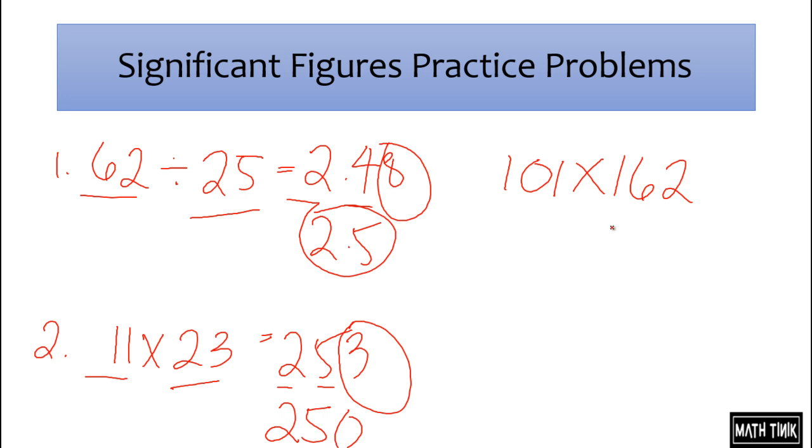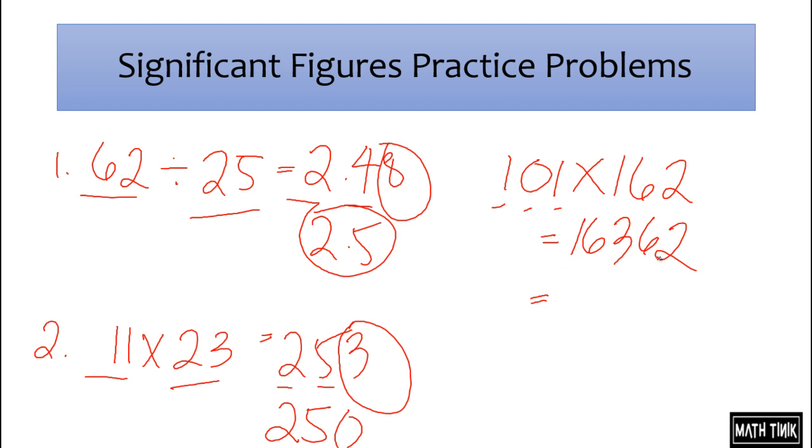Okay, if you multiply that one, your calculator will give you 16362 or 16,362. If we look at the significant figures in this side, it has 3: 1, 2, 3. This side has also 3: 1, 2, 3, and therefore, your final answer should contain 3 significant figures.